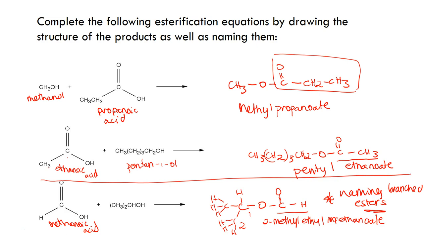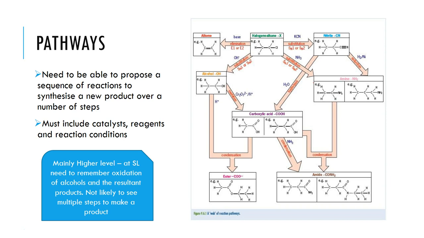Okay, so if you can figure out what the alcohol is and what the acid is, then you should be able to name an ester. I'll give you some practice and hopefully it will become second nature. So what this means is that we have a whole series now of different reactions that will be able to be interconverted with each other to form different functional groups.